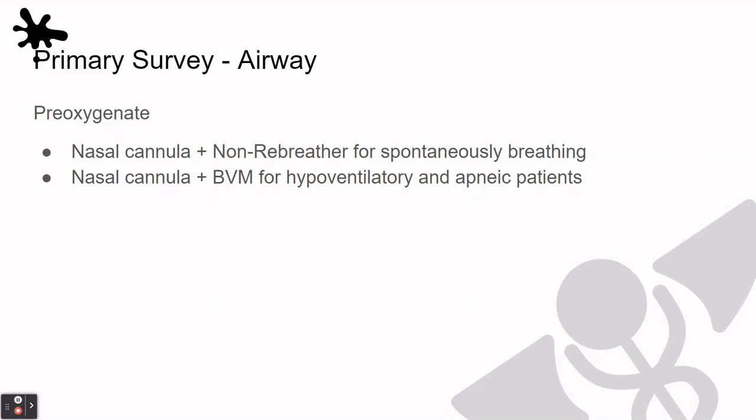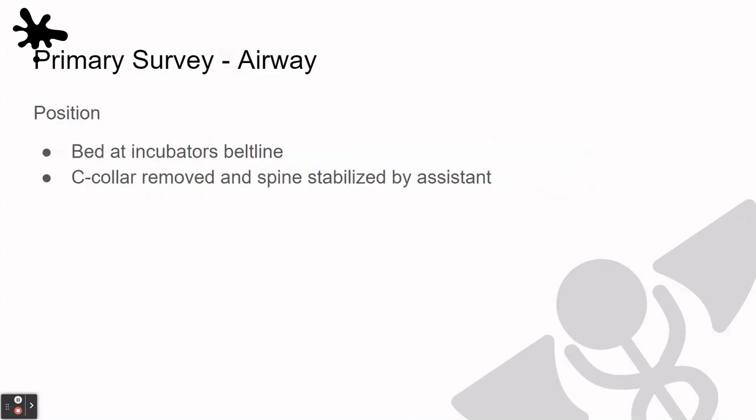And then if they're hypoventilatory or apneic, you can bag valve them as well as do the nasal cannula. This is one of the ones that I find a harder time adhering to just because of the timeline and the decompensating patient in front of me.